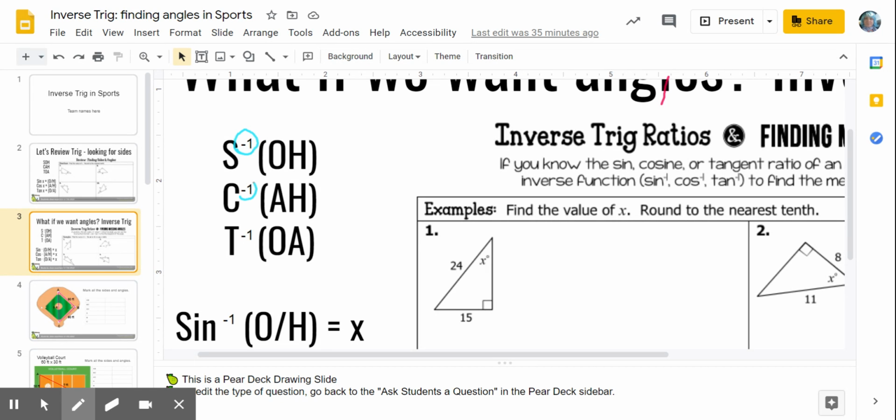So I've got to use the -1. I think of that as like the little degree symbol. I'm looking for the angle, so I have to use that -1. So it's still the O, the A, and the H. So am I going to use sine, cosine, or tangent for number 1? Is that the O or the A?